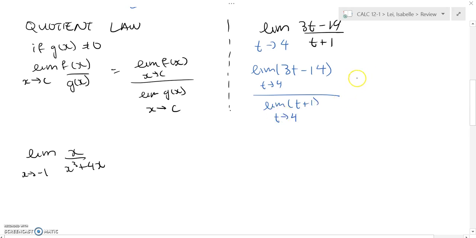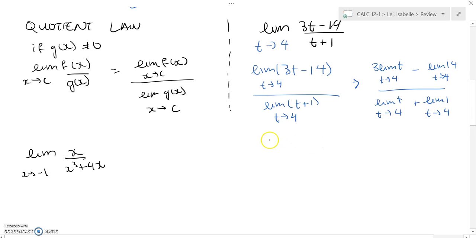And then using, once again, the constant multiple law and the sum law, we can break this up into 3 times the limit of t as t approaches 4 minus the limit of 14 as t approaches 4, over the limit of t as t approaches 4 plus the limit of 1 as t approaches 4.